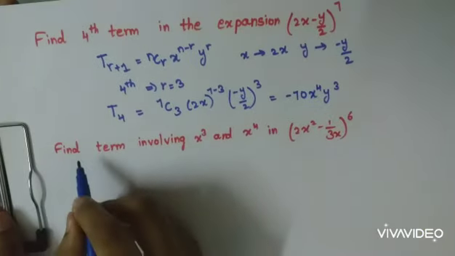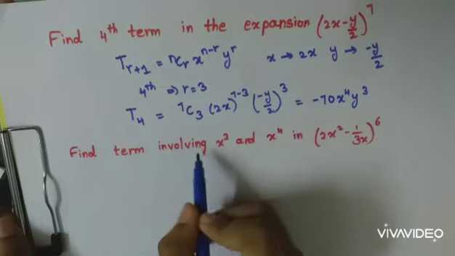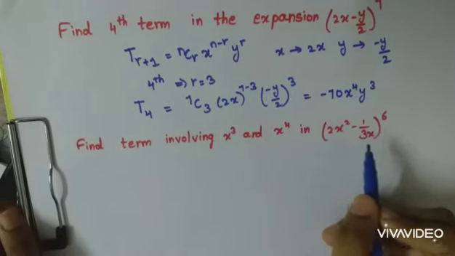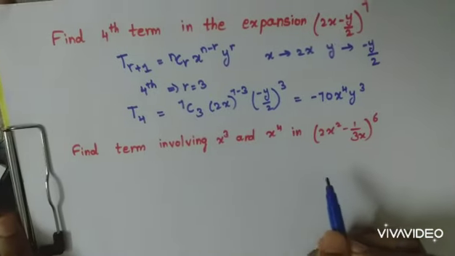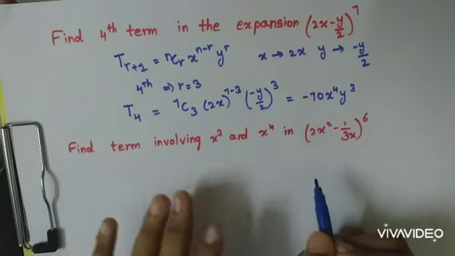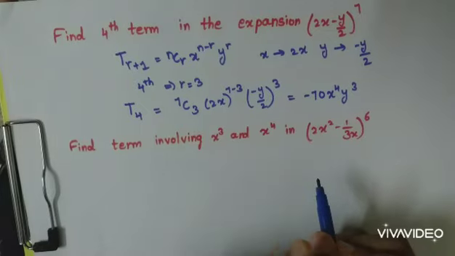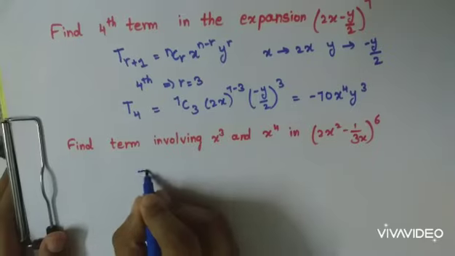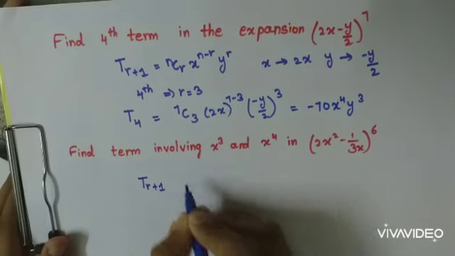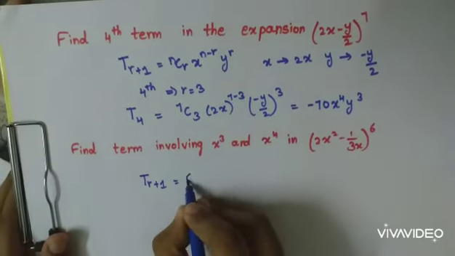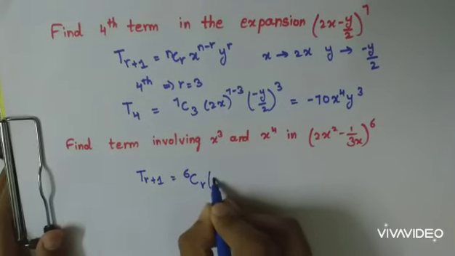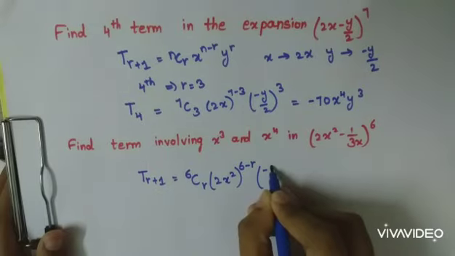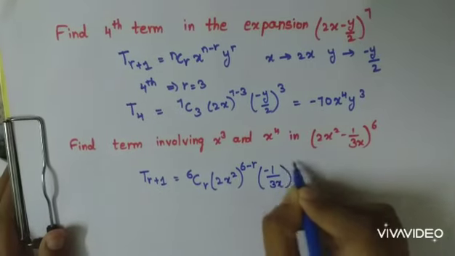Now the next question is: find the term involving x³ and x^4 in the expansion of (2x² − 1/(3x))^6. First, we need to write the general term of the expansion, T(r+1) = 6Cr (2x²)^(6−r) (−1/(3x))^r.